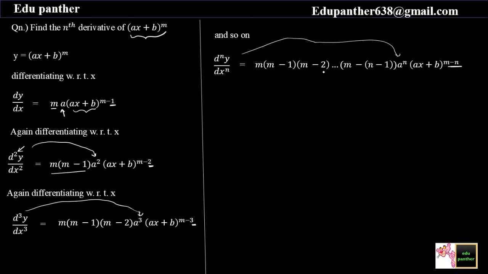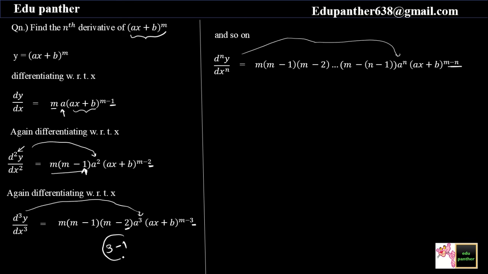Now we'll see how we got this m into m minus 1. See, in the first order derivative it was m. In the second order derivative it is m into m minus 1. That means 1 less than the number of derivatives. Similarly in the case of the third order derivative it was m minus 2, that means 1 less than 3.